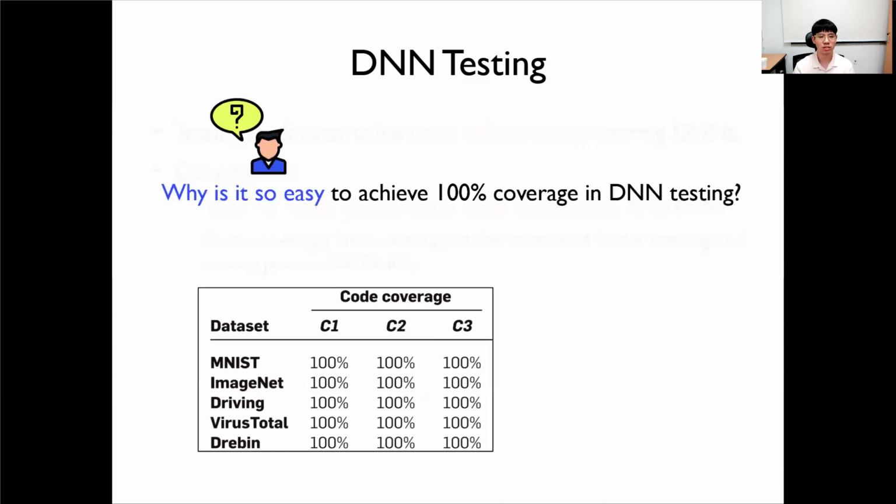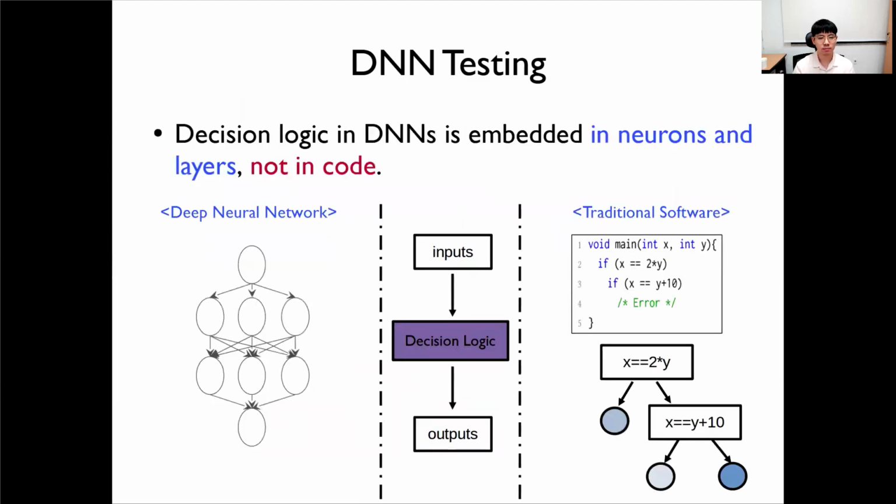So my question is, why is it so easy to achieve this in DNN testing? As we learned in the previous lectures, achieving 100% code coverage for real-world programs in traditional software is nearly impossible. So what differences between DNNs and traditional software lead to this result? The key reason is really intuitive.